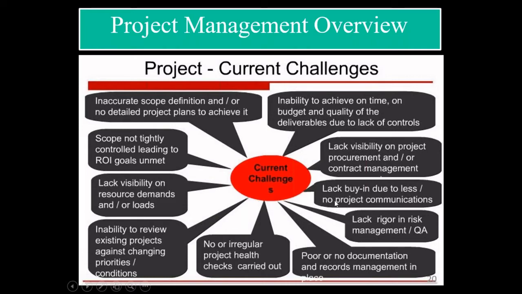There is also little or no project communication regarding risk management, poor or no documentation. Documentation records are very important to manage the project, or irregular project health checks are carried out.